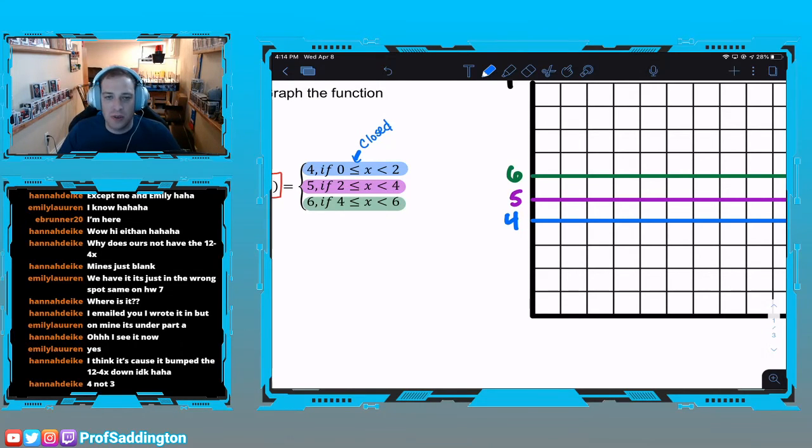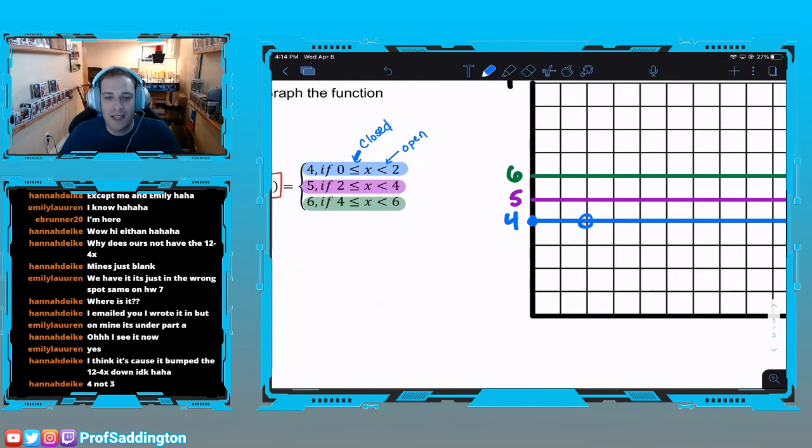So I'm going to go over to 0 on my 4 line and put a closed dot. As far as this interval, it says we're going all the way to 2. So I'm just going over to 2, but this time it doesn't have the line underneath it, so it is an open circle. I'm just going to put an open circle at 2.